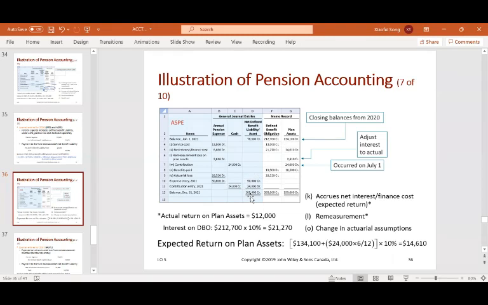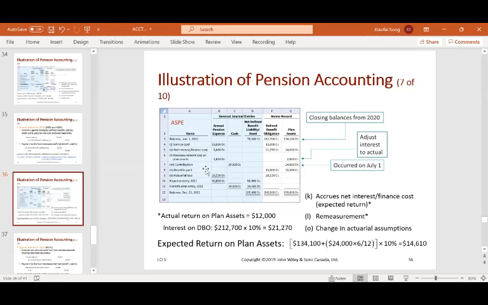This is also the year we have a remeasurement loss on plan assets. Up to now, the expected return on plan assets has been the same as the actual return, right? But this year is different.